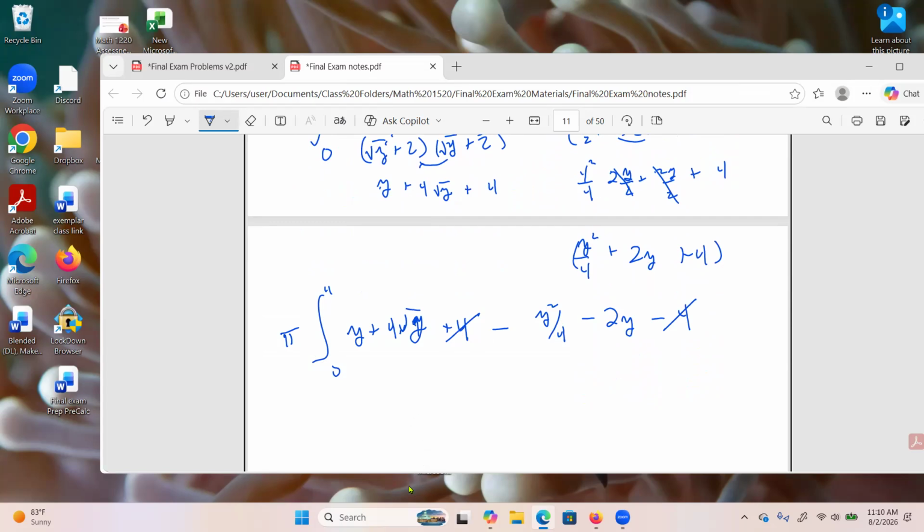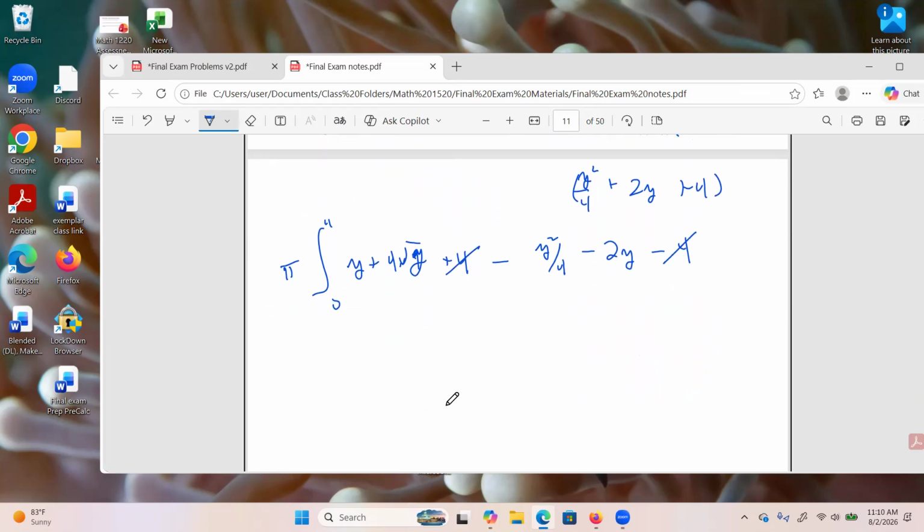That's nice. We have y minus 2y. So let's see what we got to collect as far as our positive numbers here. So we have pi integral from 0 to 4. Here we have 4 square roots of y. Y minus 2y, that's minus y. So this is gone, this is gone. And the only thing left I have is y squared over 4.